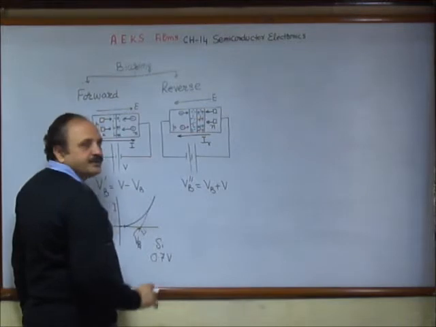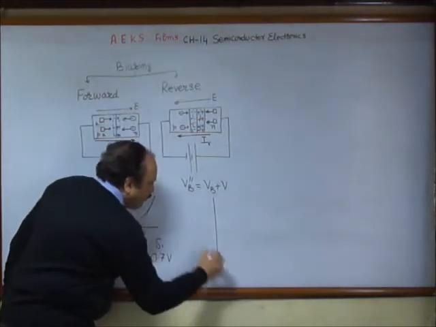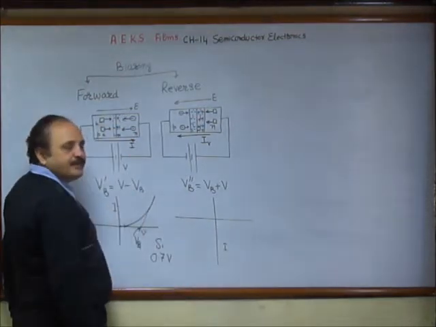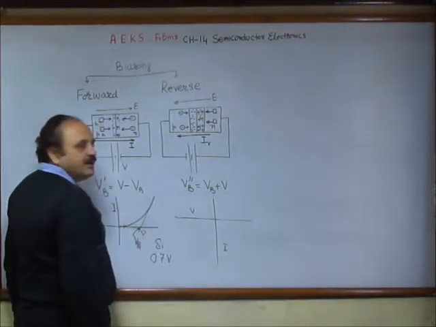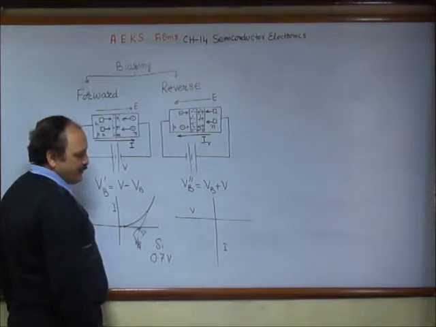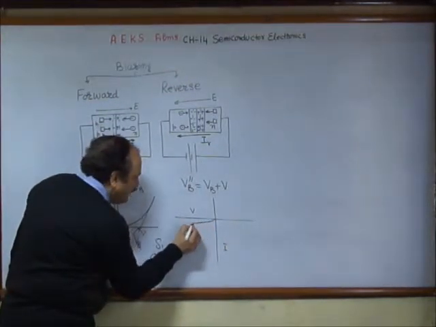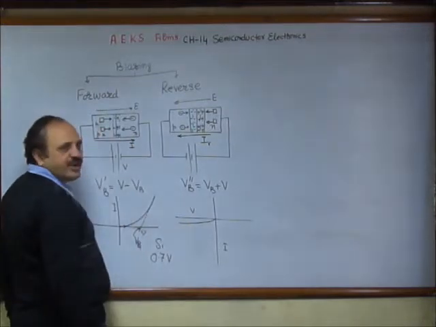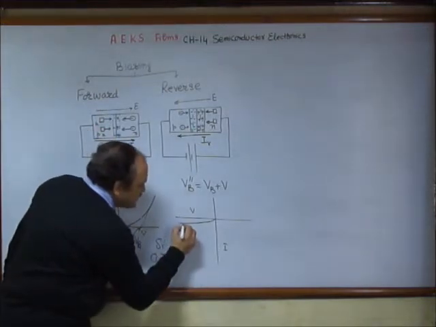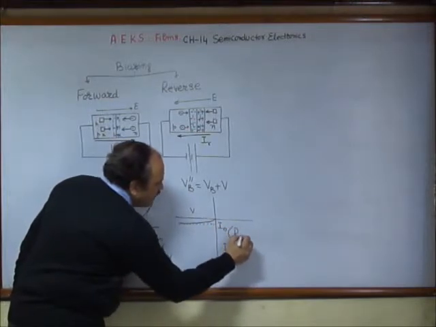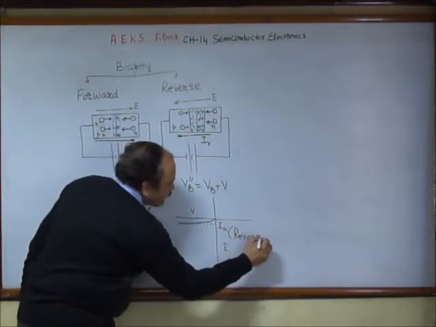We show it in the fourth quadrant, taking the current on Y side and the voltage on the X axis. The current is very small and soon it saturates. This is called I0, the reverse saturation current.